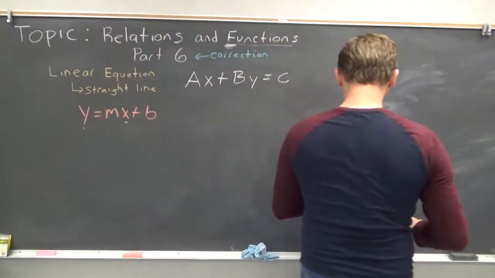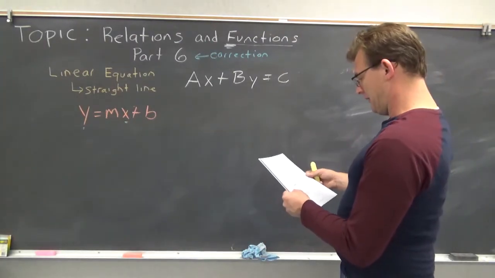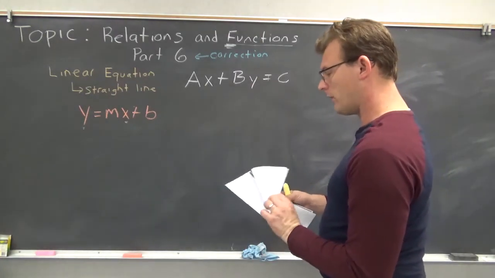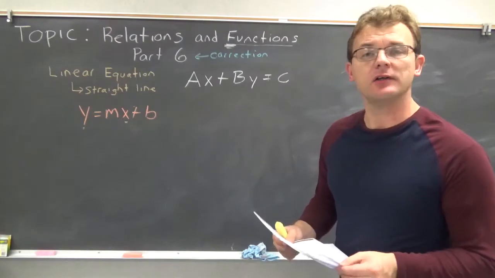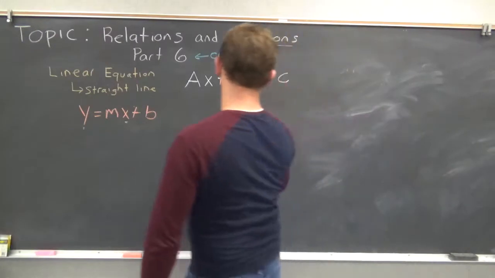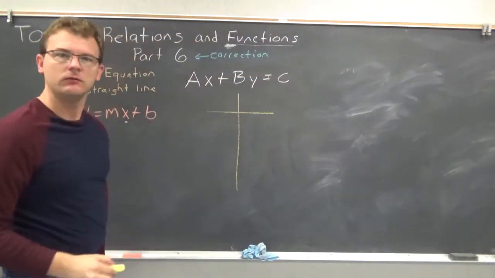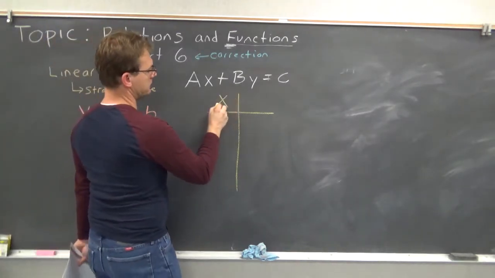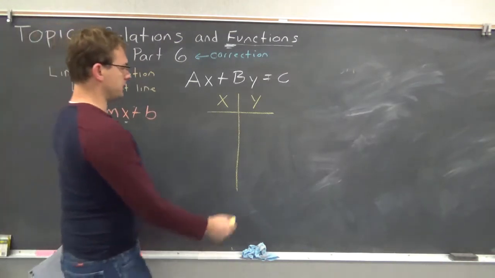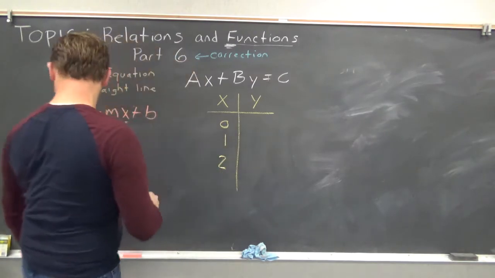So, for example, what if I made maybe a table of values? Remember what a table of values was? And looked at this. So let's do this. Make a t-table. And remember, here goes x and y. So I want us to put some numbers in. So let's put 0, 1, and 2.